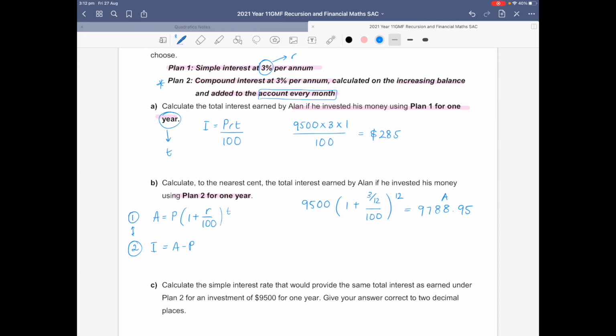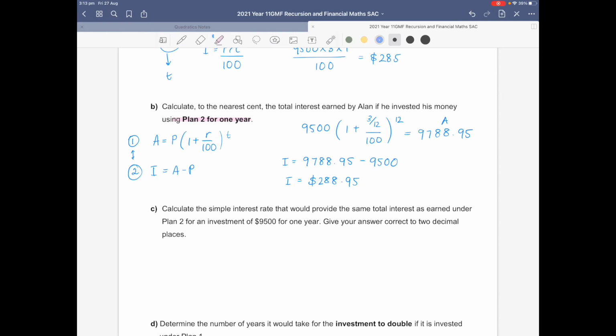So what we need to do here is now work out just the interest, which we would do $9,788.95, and we'll subtract the $9,500. And that'll give us total interest of $288.95.